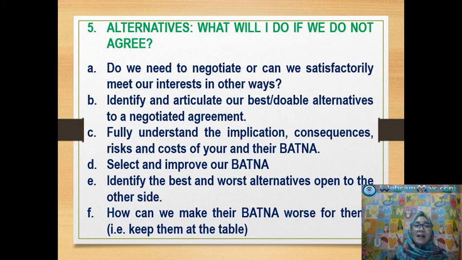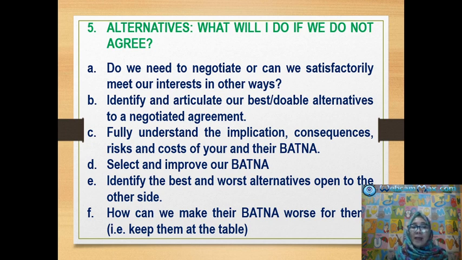Fifth, alternatives. What will I do if we do not agree? A. Do we need to negotiate, or can we satisfactorily meet our interests in other ways? B. Identify and articulate our best or a good alternative to a negotiated agreement.